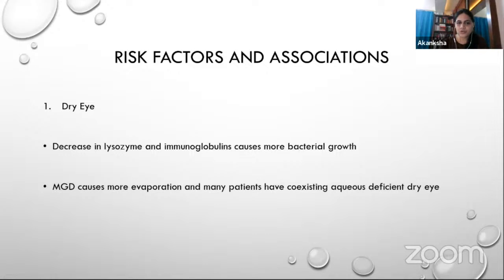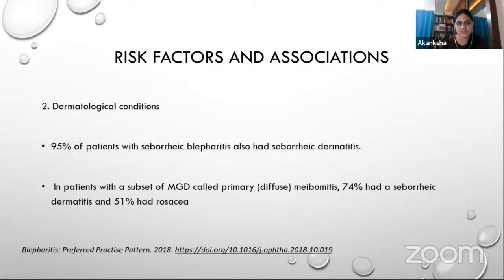The other school of thought is that Meibomian gland dysfunction in itself causes a loss in the lipid layer, which causes more evaporation, and therefore the patient ends up having an aqueous deficiency dry eye. So it has a cause as well as an effect relationship.